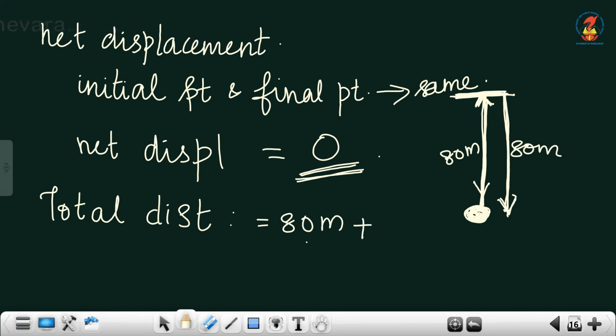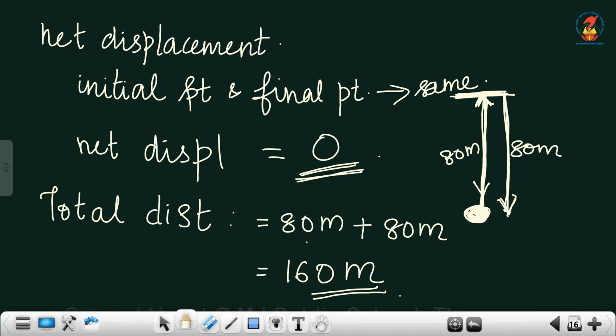After reaching a maximum height, the body will come down and fall back to the ground, again covering a distance of 80 meter. So, the total distance will be equal to 160 meters. Hope the question is clear.